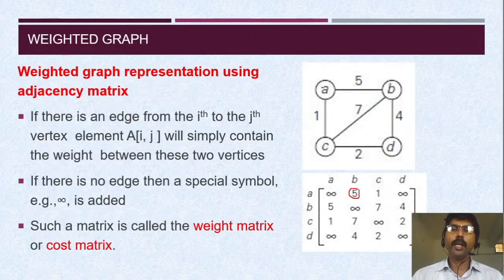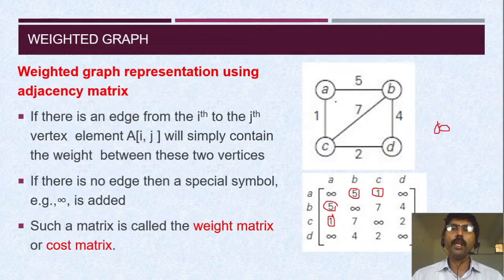In a similar way, there is the edge A to C and its weight is 1, so A to C is equal to 1. Since it is an undirected graph, the values are symmetric here. If there is no edge between two vertices, that is indicated by a special symbol called infinity.